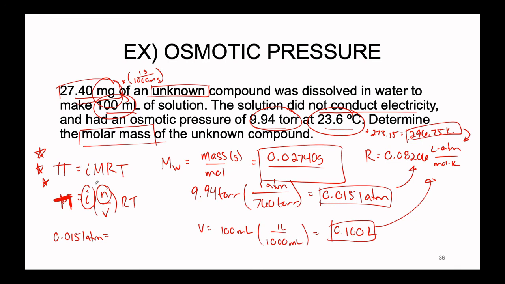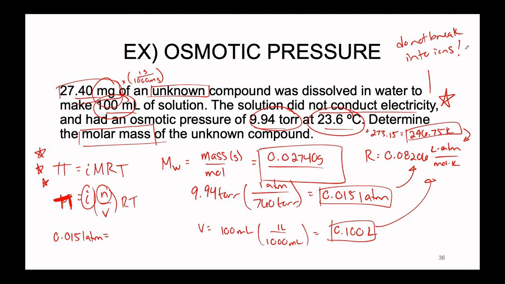The piece of information here that's going to be useful to us is the fact that the solution did not conduct electricity. If we think back to previous knowledge, things that do not conduct electricity do not break into ions. Right? Ions are necessary in solution for conductivity.